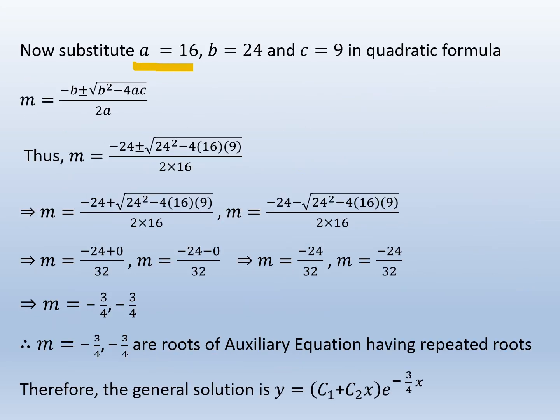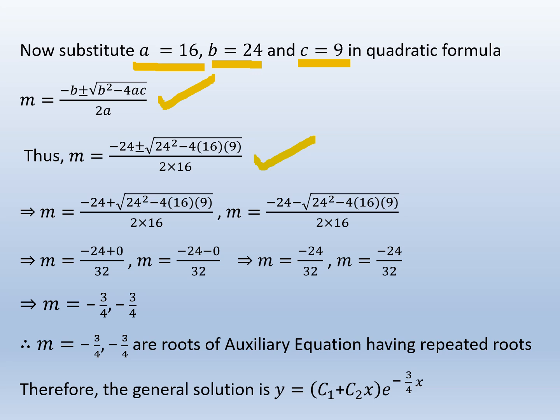Now substitute a = 16, b = 24 and c = 9 in the quadratic formula, m = (-b ± √(b^2 - 4ac)) / 2a. Thus we have m = (-24 ± √(24^2 - 4 × 16 × 9)) / (2 × 16).